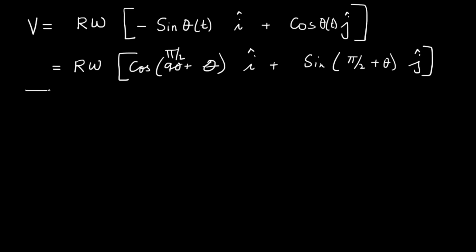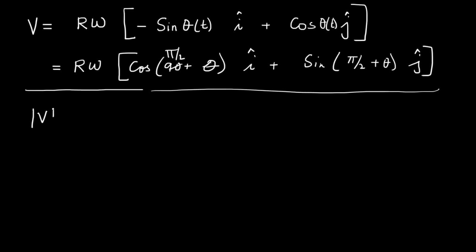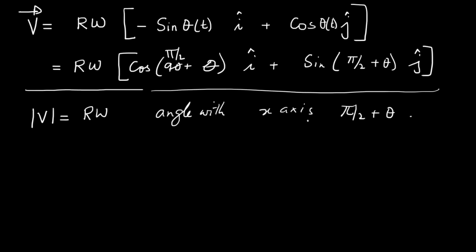Now this has been interpreted as the magnitude of the velocity is r omega, and the angle that the velocity vector makes with the x-axis is pi by 2 plus theta. Now mind you, this can be very nicely visualized like this.